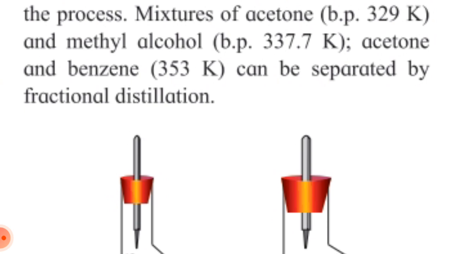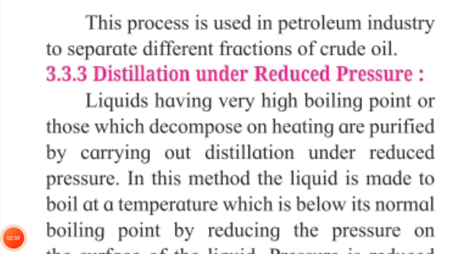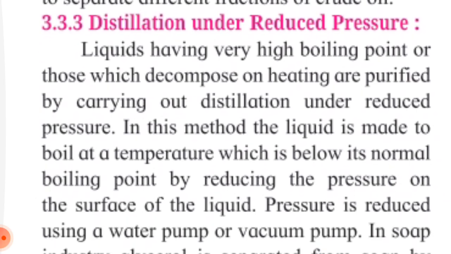A mixture of acetone, boiling point 329 Kelvin, and methyl alcohol, boiling point 337.7 Kelvin, can be separated by fractional distillation. Acetone and benzene, 353 Kelvin, can also be separated by fractional distillation. This process is used in the petroleum industry to separate different fractions of crude oil.